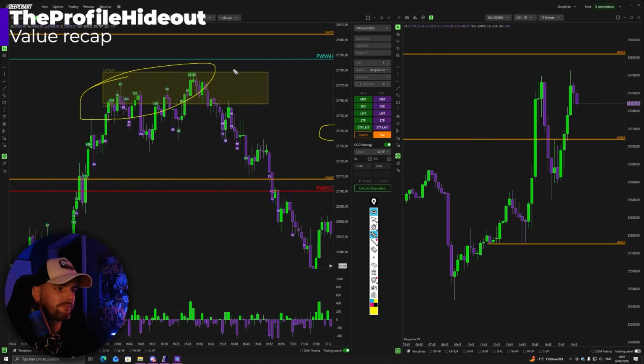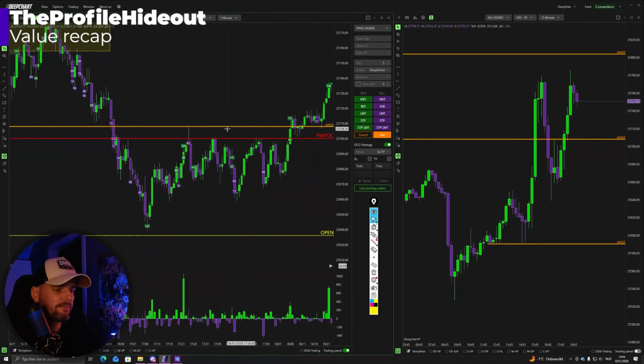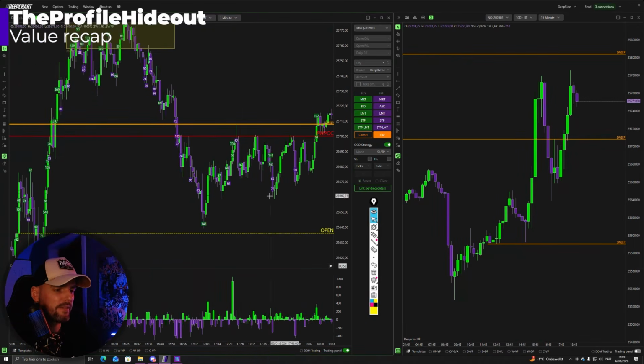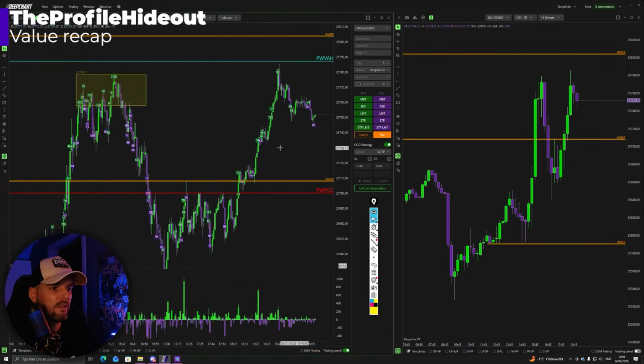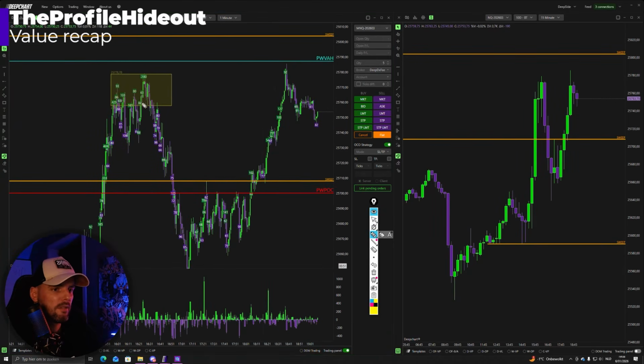The absorption against the prior weekly value area high, to be expected, I think. Then price retraces, accumulates, eventually breaks out, hunts the stops here, all those stops above in this area.